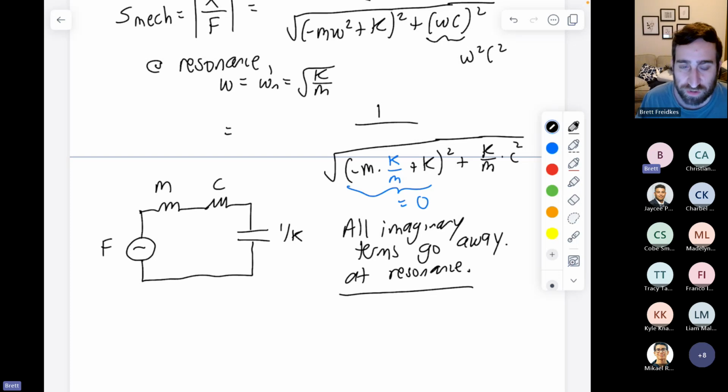They essentially cancel each other out. And this is true regardless of how complicated the system is, which is very convenient for us. If we assume that everything shorts at resonance, that makes our lives very, very easy.